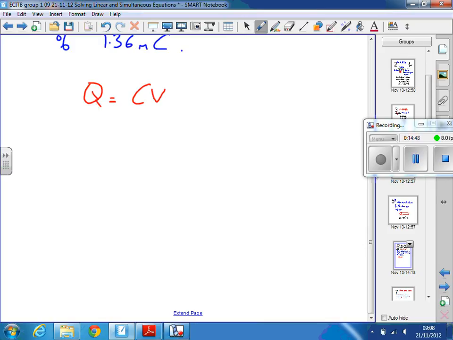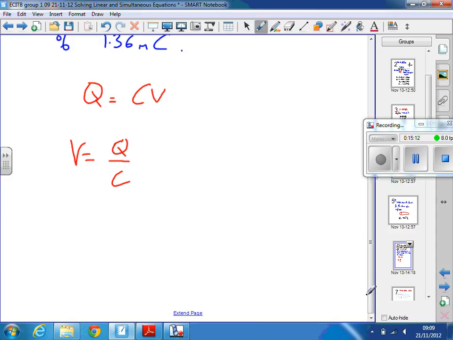And then I'll rearrange the formula so that the subject is the thing that I'm after, in this case the voltage. So divide both sides by C to get voltage. So V equals Q over C. So now I've identified the formula and I've written it in the correct form.